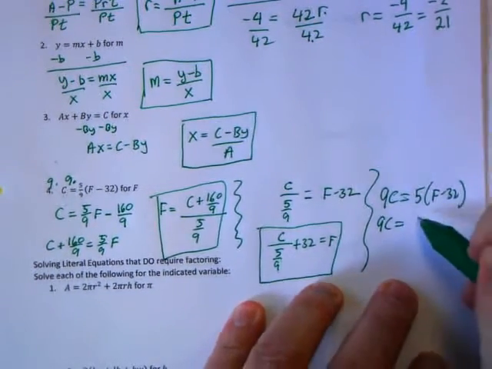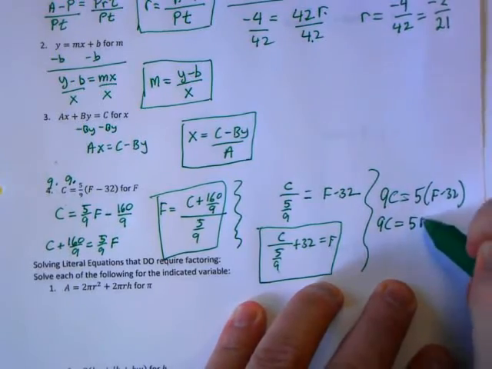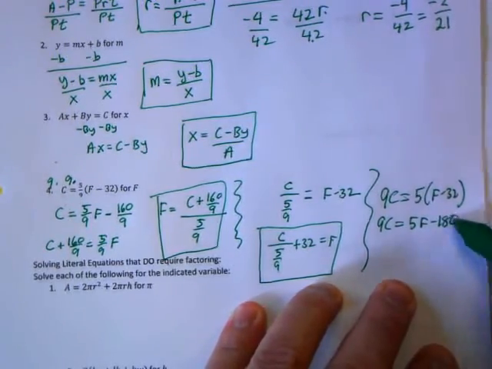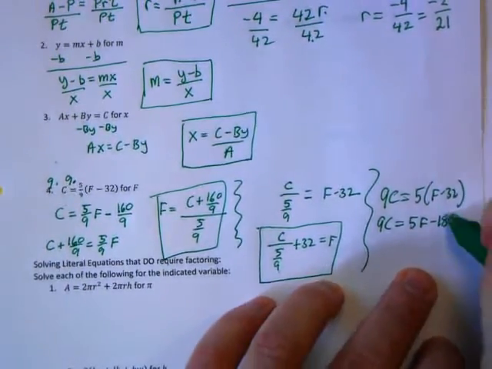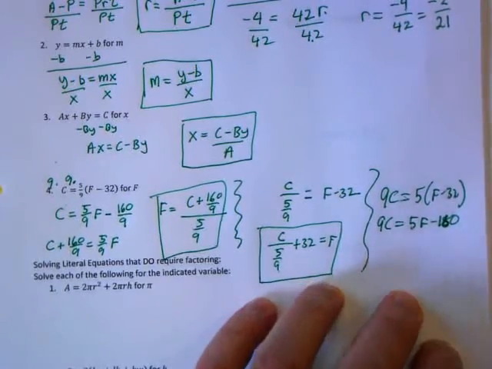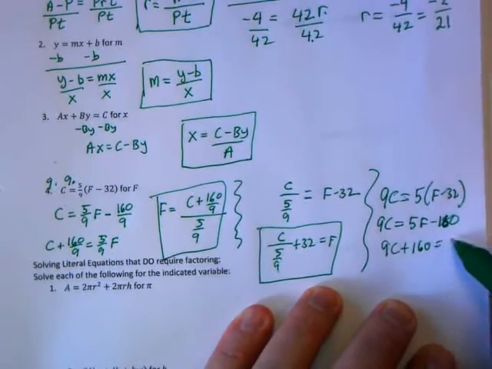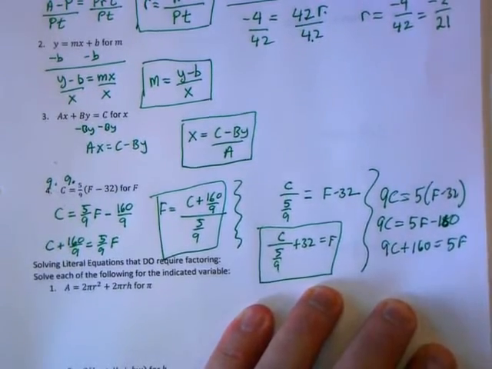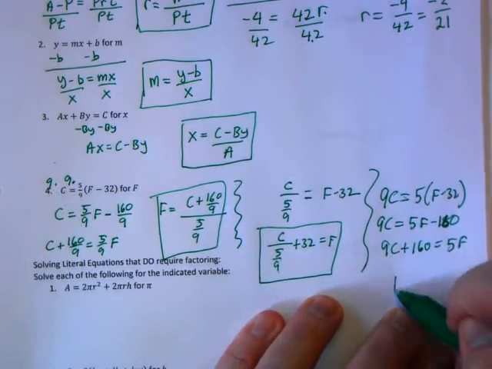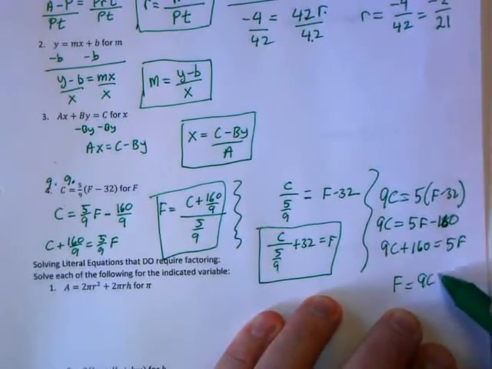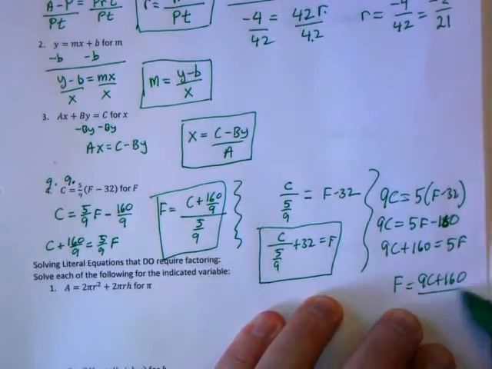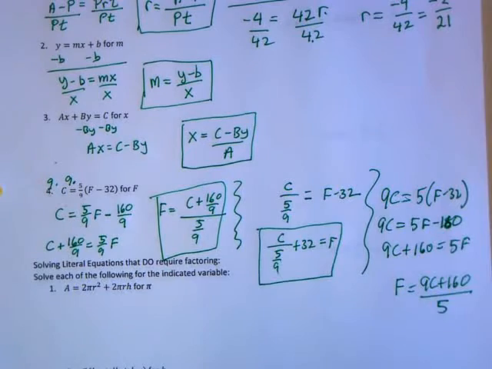I distribute, it is 5F minus 160, sorry. Yep, 160. Add the 160. 9C plus 160 equals 5F. And finally, I divide by 5. F is 9C plus 160 divided by 5.